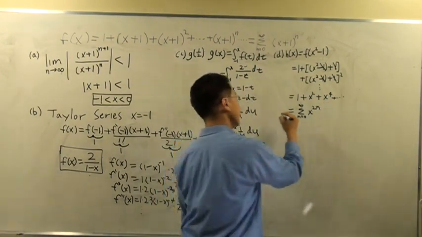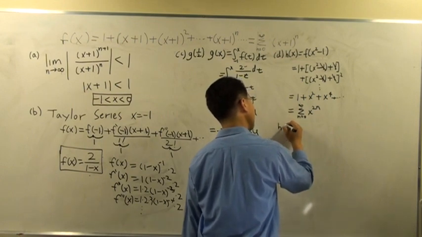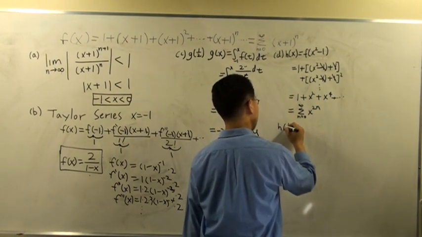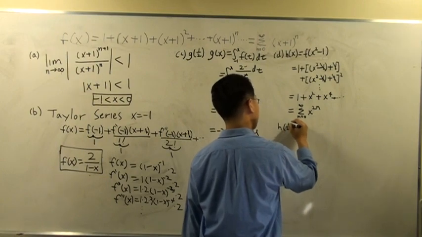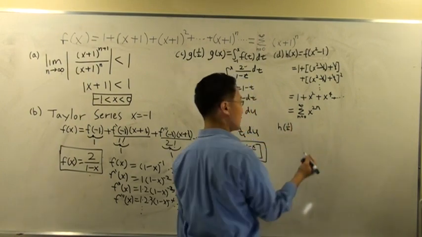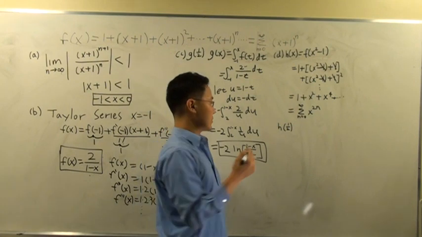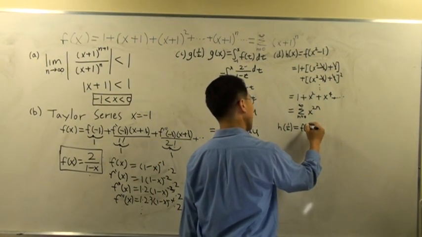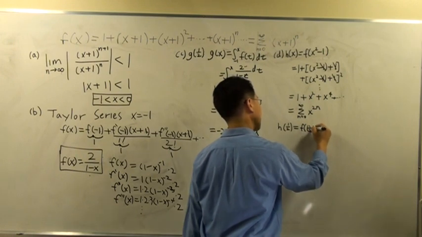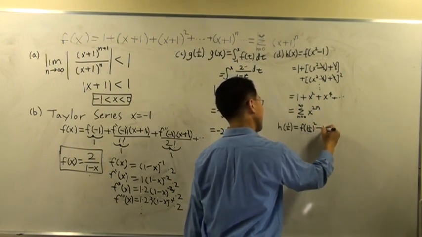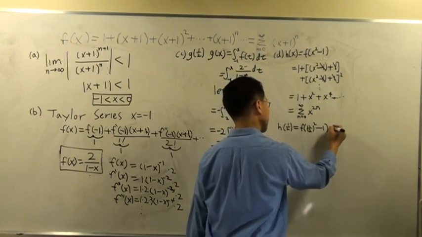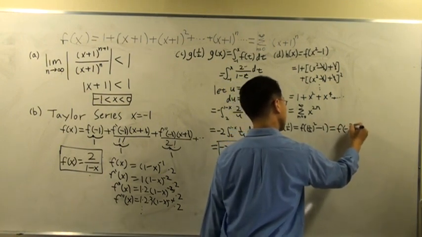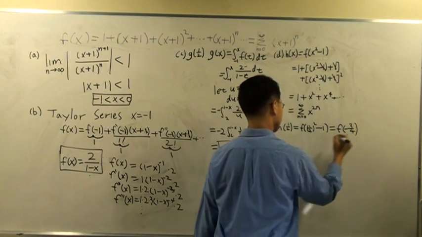And finally, we just have to evaluate h of 1/2. Okay, so this is just f of (1/2) squared minus 1, which is f of minus 3/4.